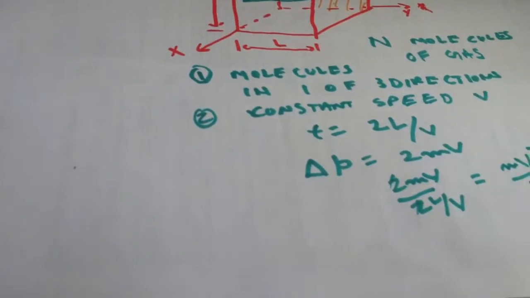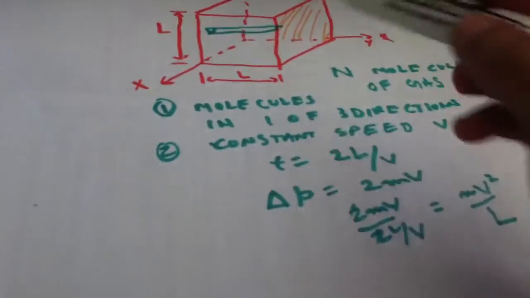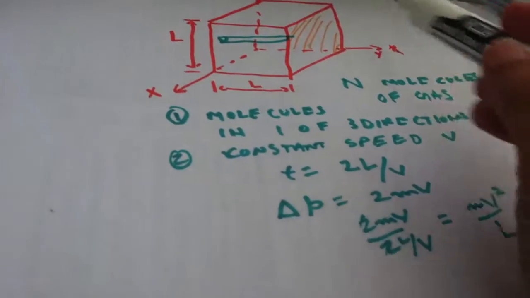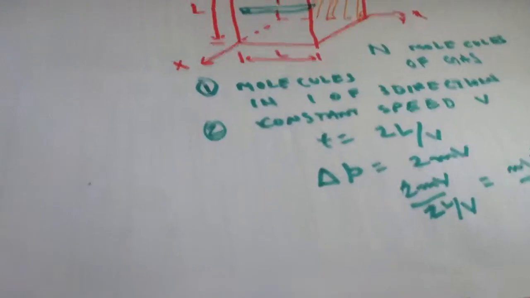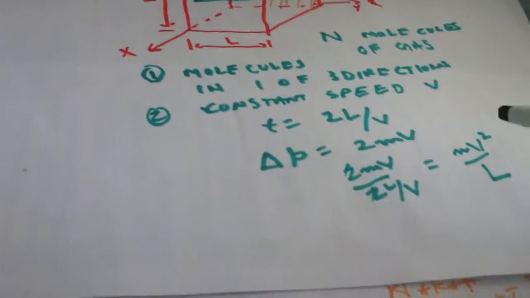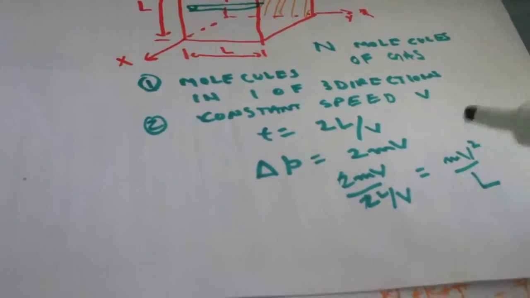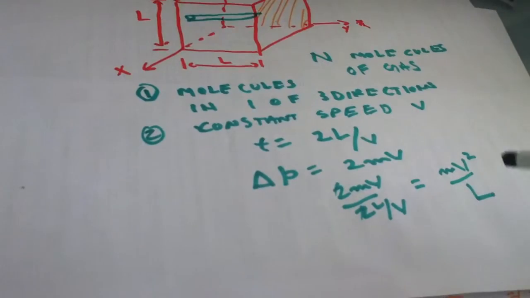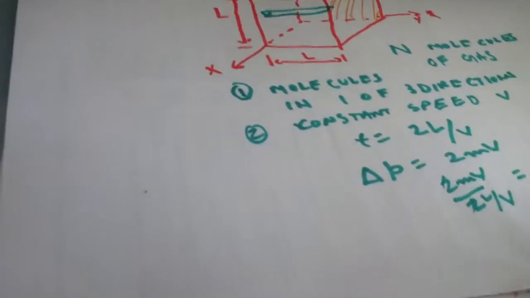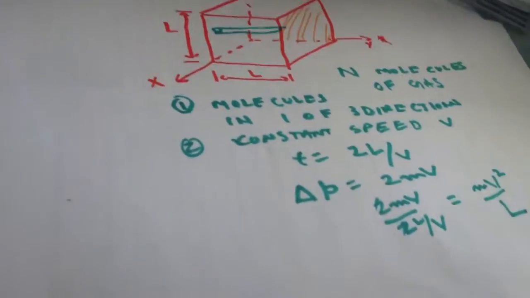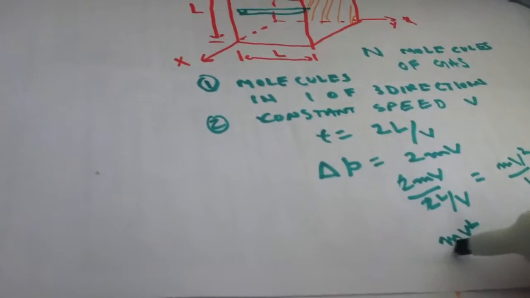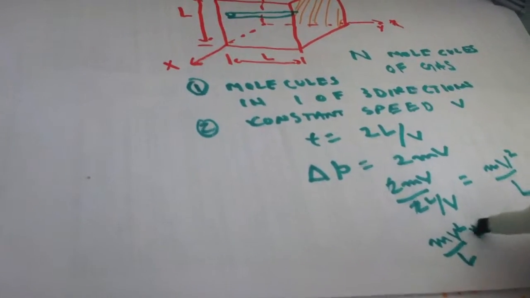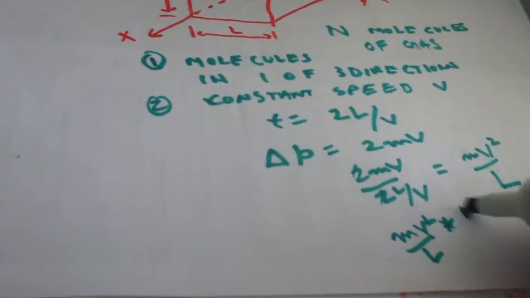So the total change of momentum on the right face of the cube due to collisions of these molecules with it is just the rate of change of momentum of one molecule multiplied by n by 3. And so the total rate of change of momentum is simply mv squared over L times n over 3.